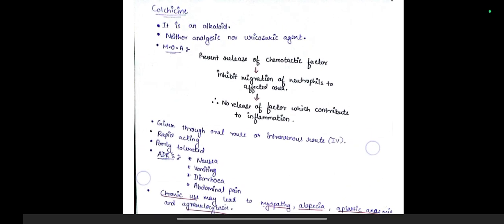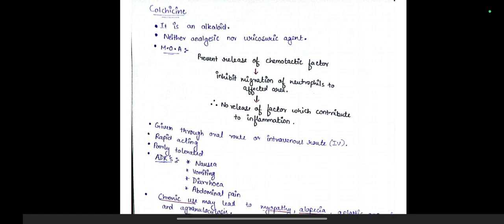If we look into colchicine, colchicine is an alkaloid. It is not an analgesic and it is not a uricosuric agent as well. The mechanism of action is that it prevents the release of chemotactic factor and inhibits migration of neutrophils to the affected area. Therefore, there is no release of factors which contribute to inflammation.